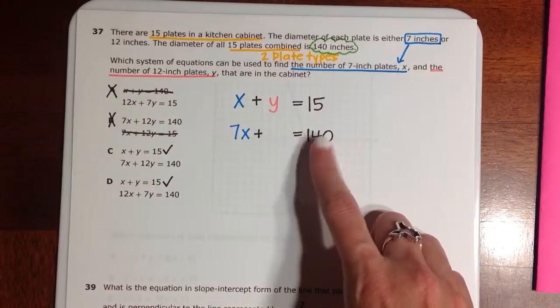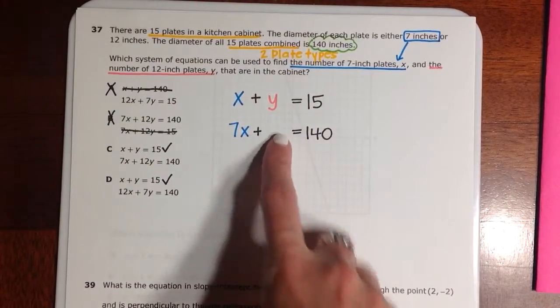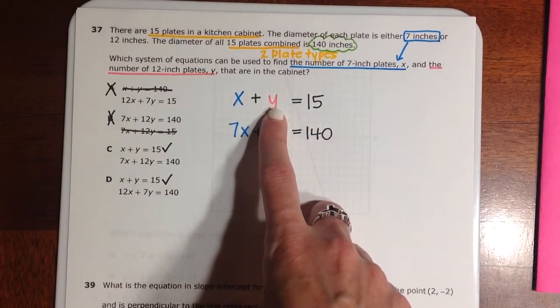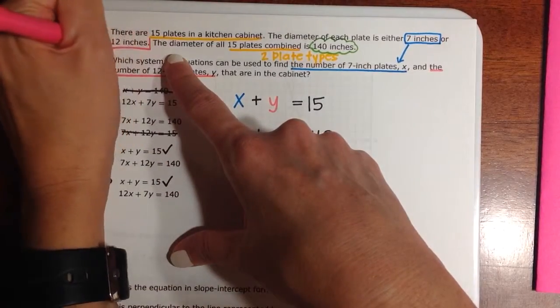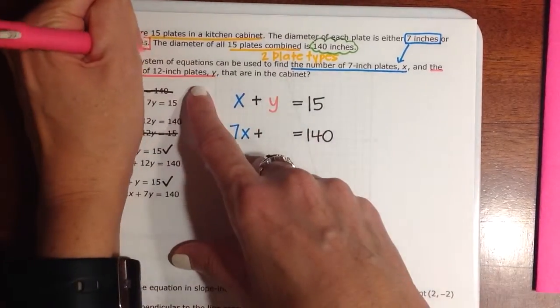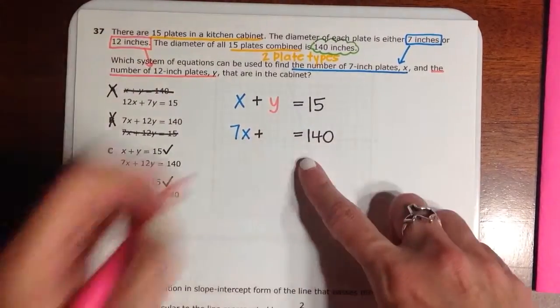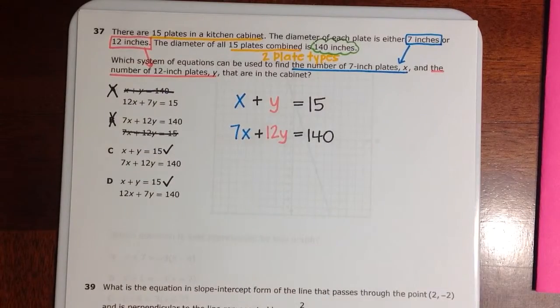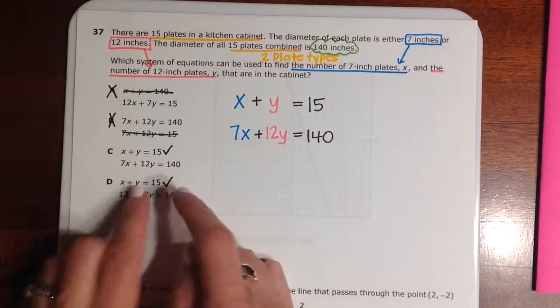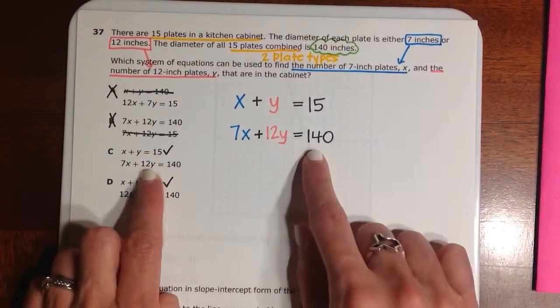and we're going to be adding these together because we're getting combined inches. Now I've got to figure out what number would match up with y. Remember, y is talking about the 12-inch plate. So this 12 has to match up with y in my equation. 12 and y have to go together because they're referring to the same plate size. So now let's look here. I've got 7x plus 12y equals 140.